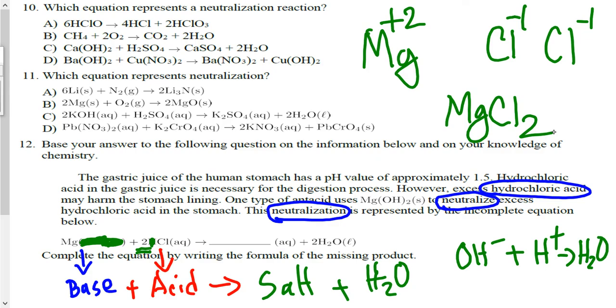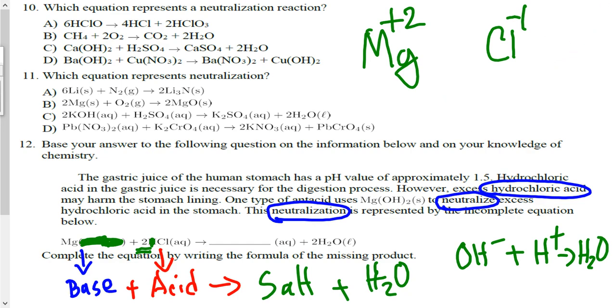MgCl2. You can also do the crisscross method if you know what that is, where you take those oxidation state numbers and then use the crisscross method. You write magnesium and chlorine next to each other.